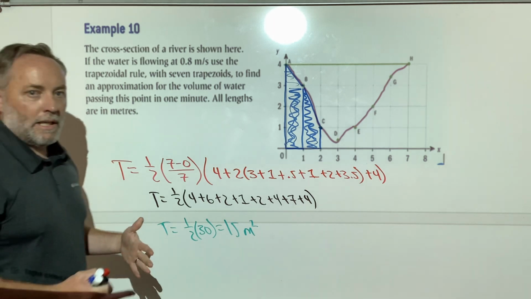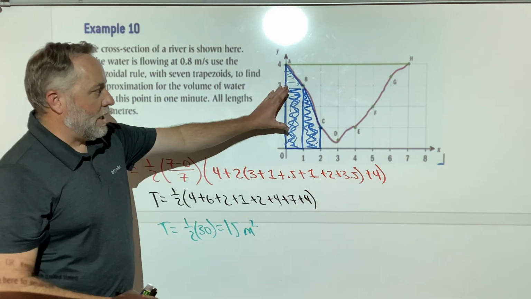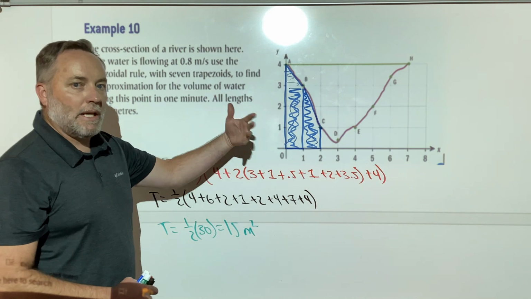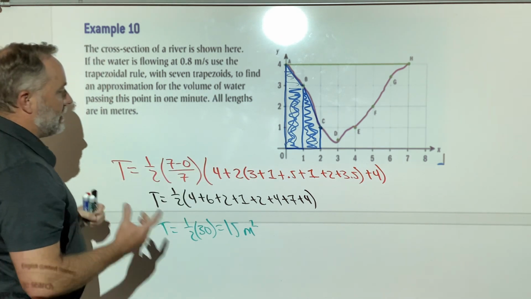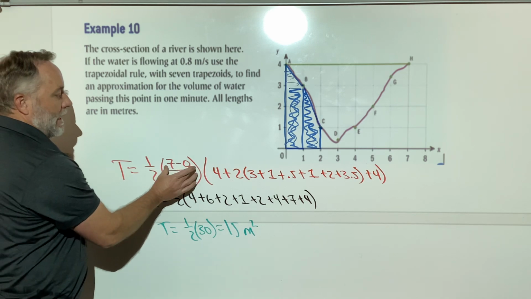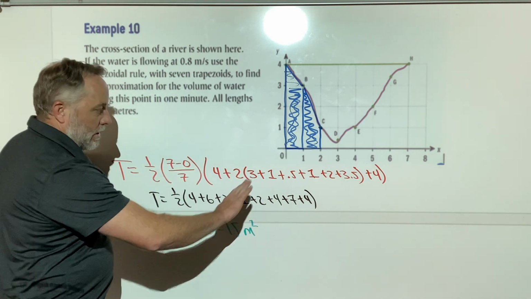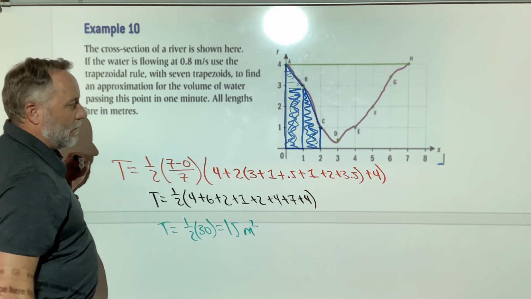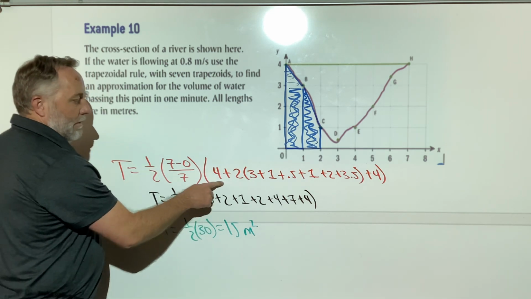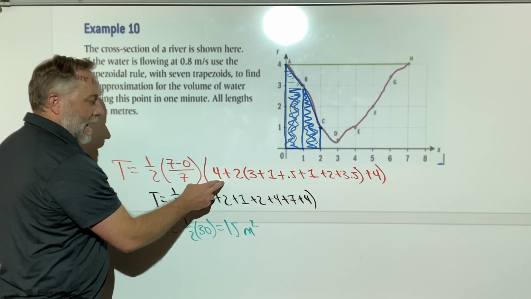Okay, so again, trapezoidal rule. You're just using the shape of a trapezoid to approximate the area underneath the curve. And our rule for that is to take the entire interval, so b minus a, divide it by the number of intervals, the number of trapezoids you're going to use, multiply that by a half from our trapezoidal formula, and then this is the first height, so the most left height.